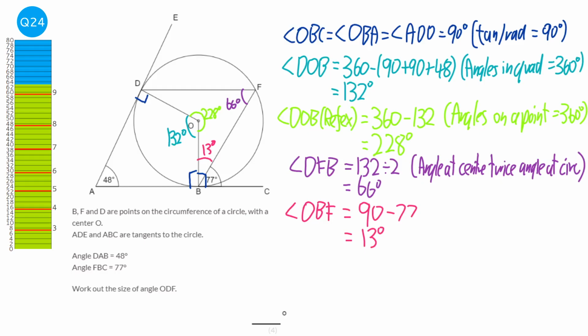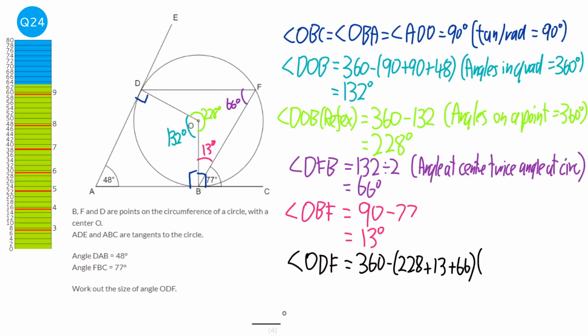And the final thing really here is that we've got a quadrilateral, kind of arrowhead, and we've got three of the angles, 1, 2, 3, and we're looking for the fourth one. So angle ODF is going to be 360 take away all the angles that we know, so the 228, the 13, and the 66.